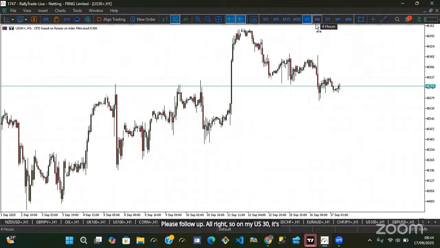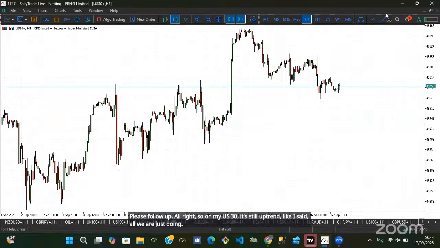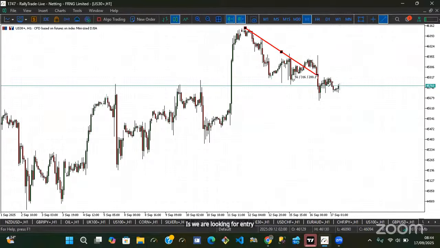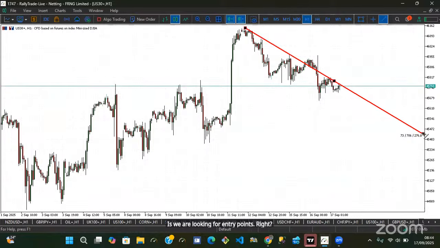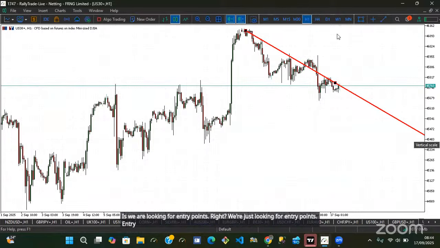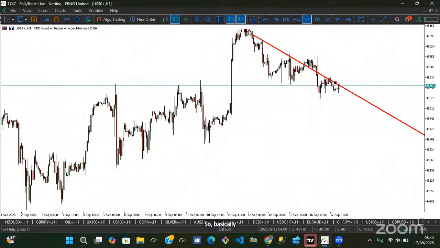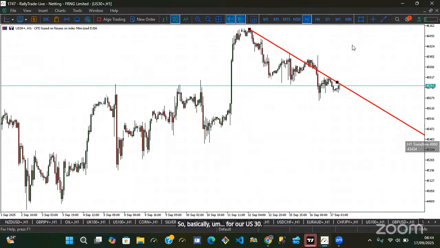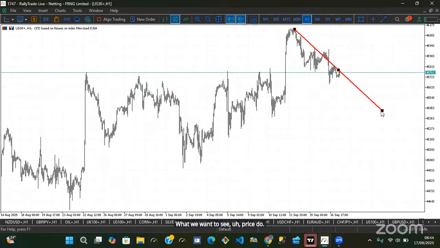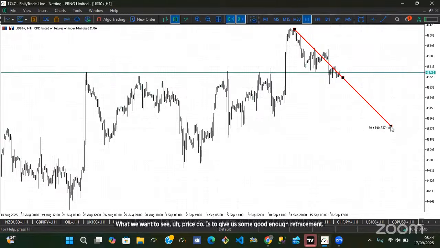Like I said, all we are doing is looking for entry points. So for our US 30, what we want to see our price do is give us some good enough retracement into a good point of interest for us to do a buy.